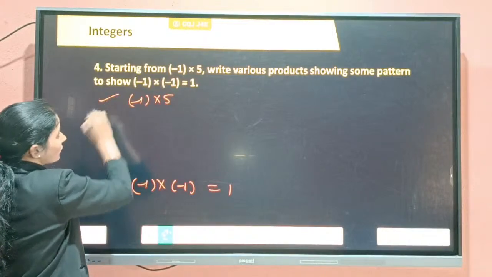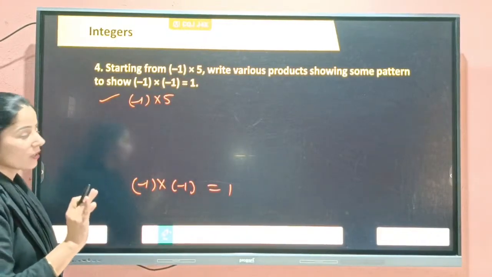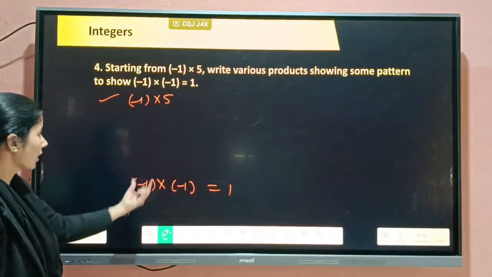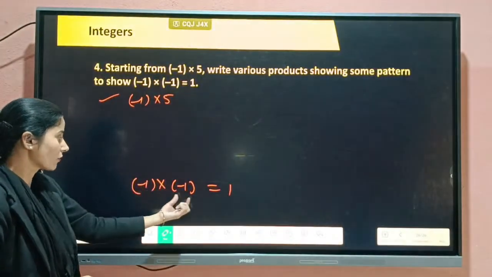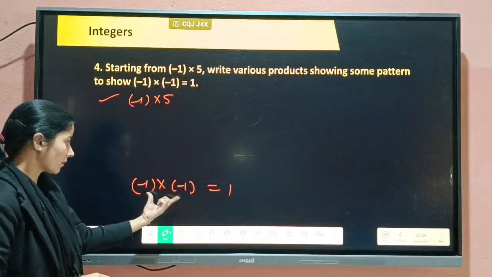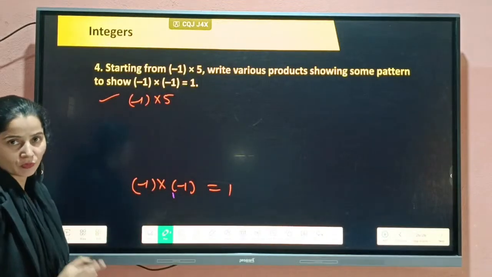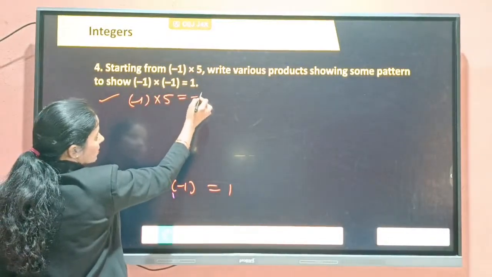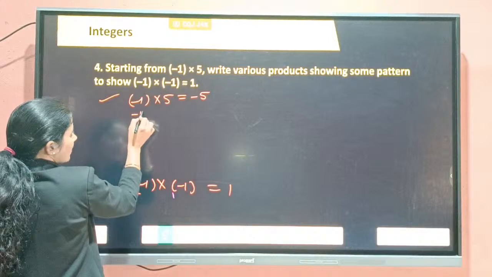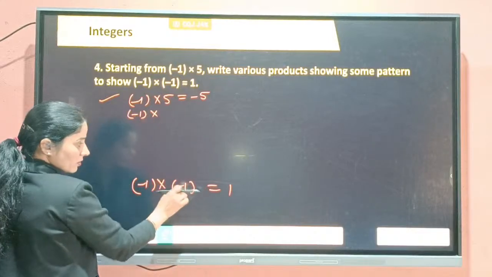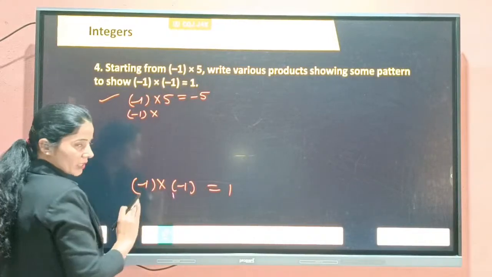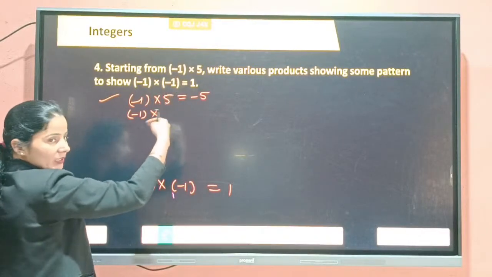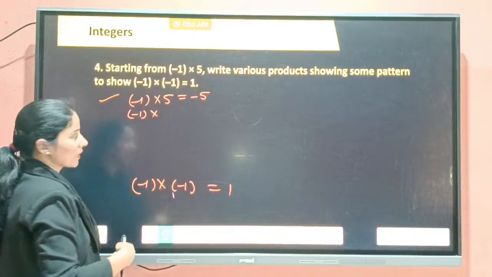Let us see how we can complete this pattern and after how many steps we will reach that step. Minus 1 multiplied with 5, answer is minus 5. In the next step the number decreases by 1, till we reach minus 1. So I have to take 4, then 3, then 2, then 1, then 0, and then minus 1.